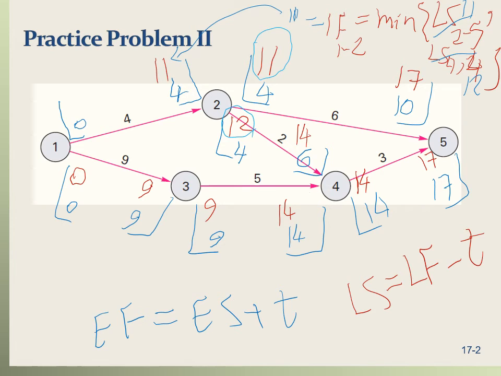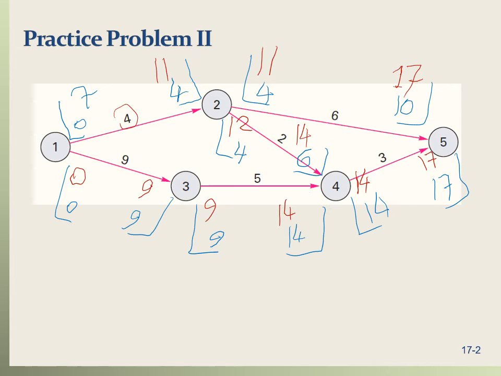The late start would be 11 minus 4, so that's equal to 7 here. So we have computed all the early start, early finish, late start, and late finish. Now we can compute the slacks.